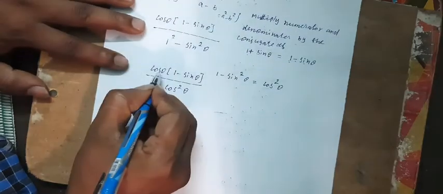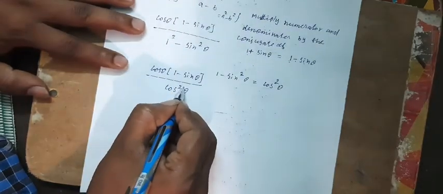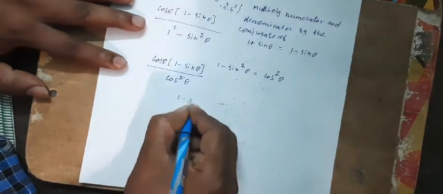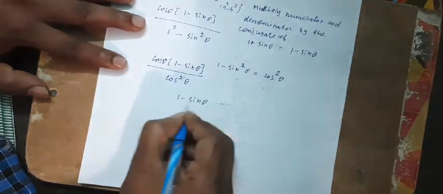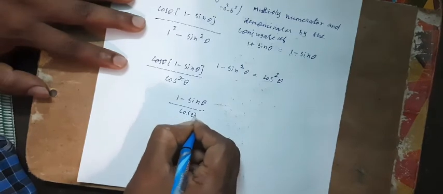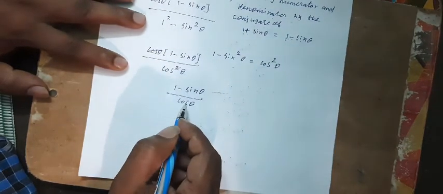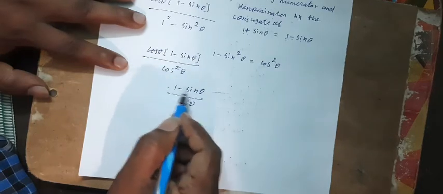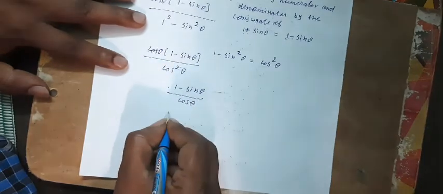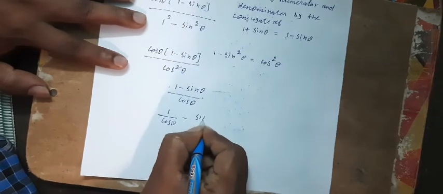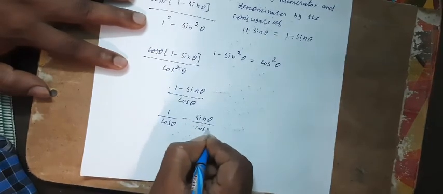Next we can cancel cos theta; cos square theta we can cancel, 1 time it will come. So next 1 minus sin theta by cos theta. Next this cos term is common for 1 and sin theta, so separate the terms: 1 by cos theta minus sin theta by cos theta.